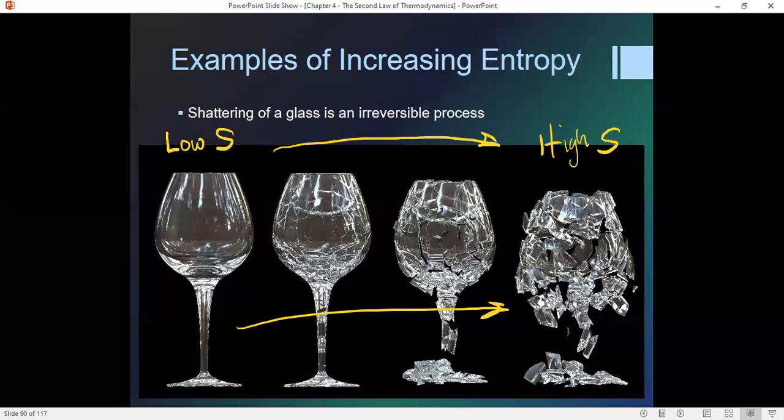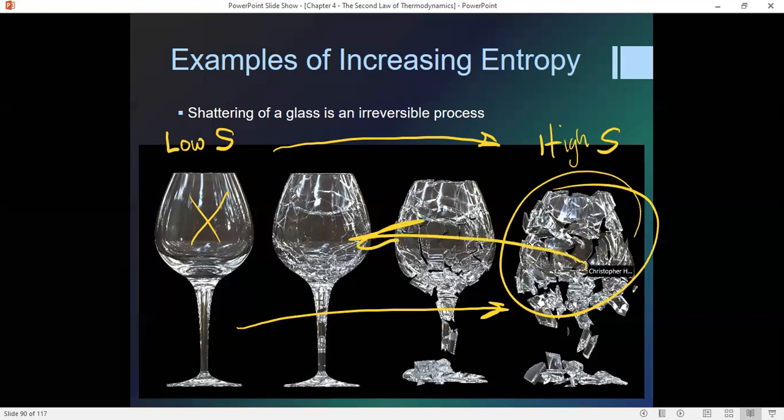You could put all the pieces together and reforge it, or remelt it and recast it, but that's not going back to the original low entropy state. You're using external processes to go there. But again, we can take this glass, hit it with a hammer, and go to our high entropy state, but there's really nothing we can do to do the reverse, okay?